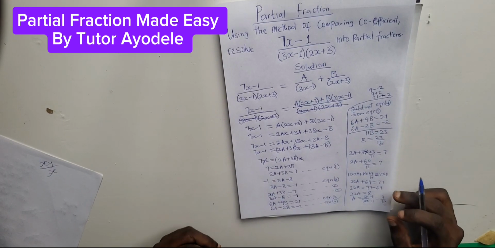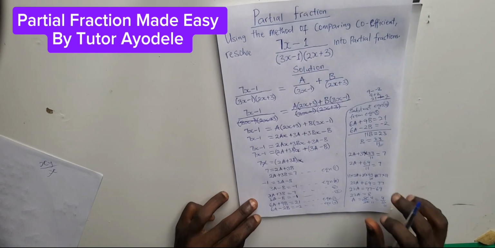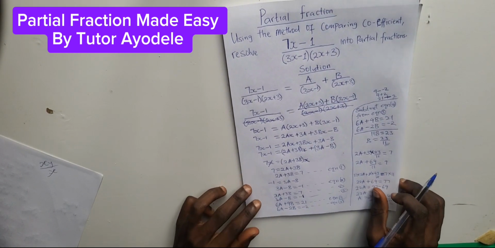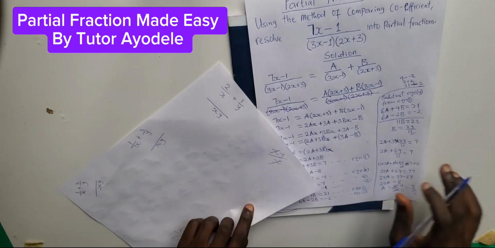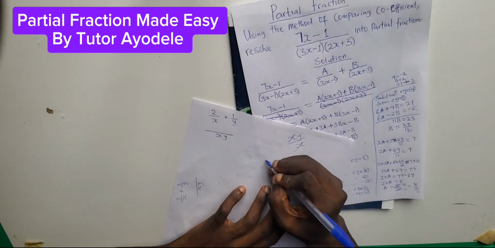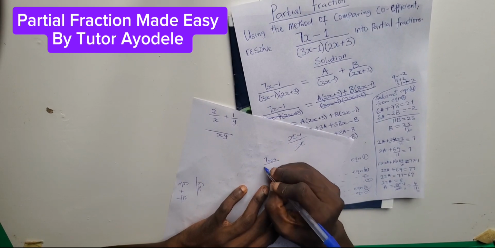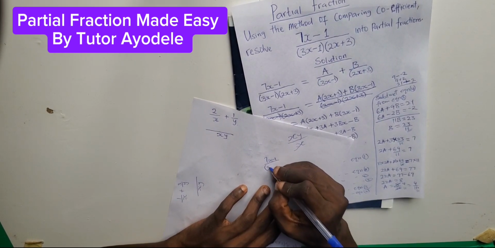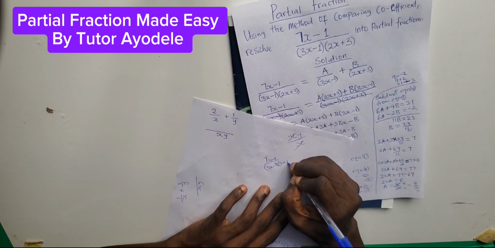So if I bring this back to our equation here, let me write it here. I will have 7x minus 1 at the left over 3x minus 1, open bracket, 2x plus 3.